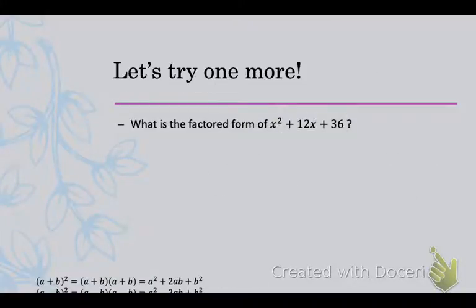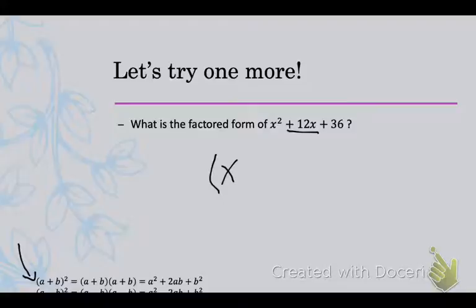Okay, let's try it again. The only difference of this one is that now we have plus 12x. So this time, I'm going to use the first one. Again, the square root of x squared is just x.